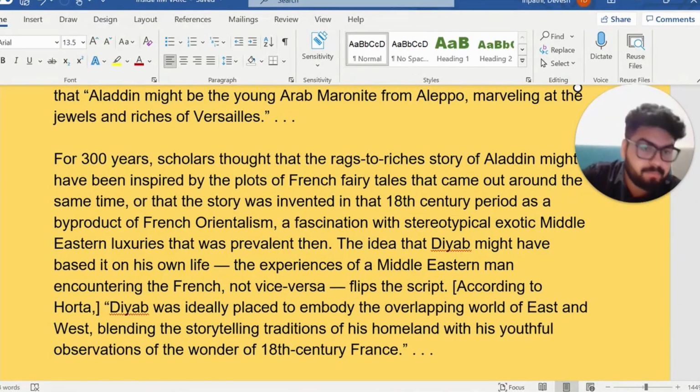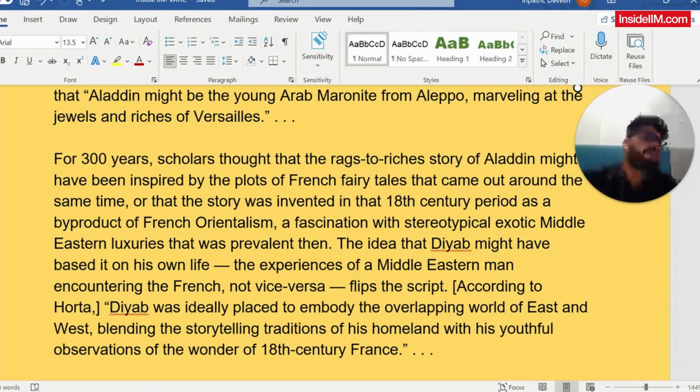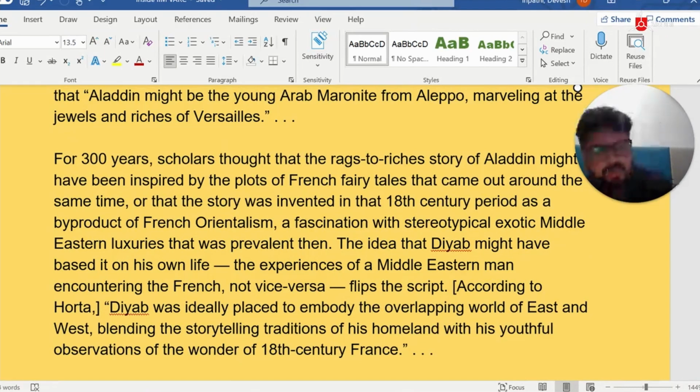of France of 1800, because at that particular time stories of France were typically based on the theme of rags to riches, and secondly it was also the byproduct of French Orientalism. Now the word Orientalism becomes very important.